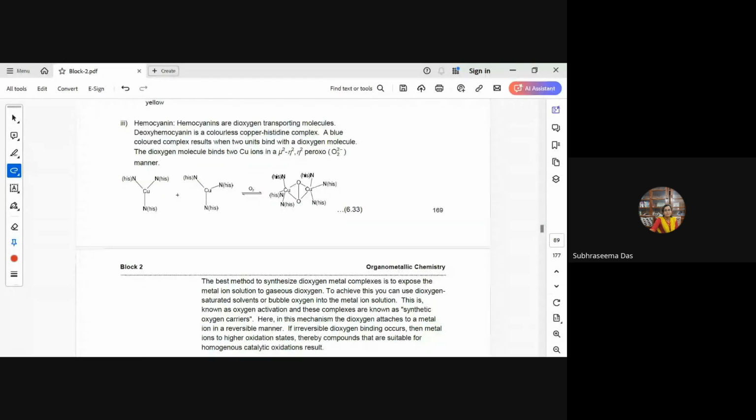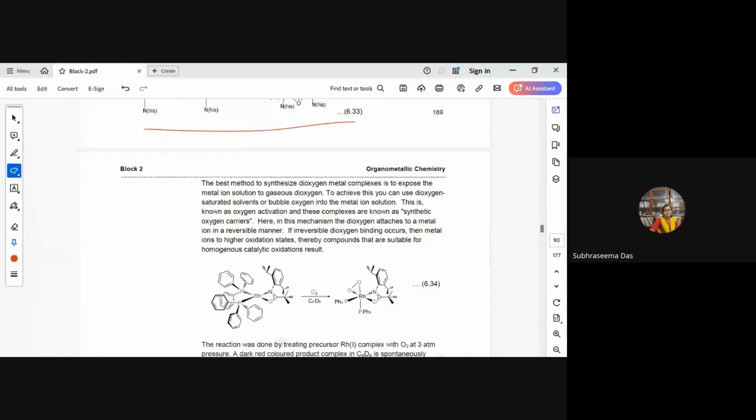Now hemocyanin is also an oxygen transporting molecule. Deoxyhemocyanin is a colorless compound when oxygen is removed from it. A blue colored complex results when the two units bind with the dioxygen molecule, which binds to the copper and forms this type of complex.